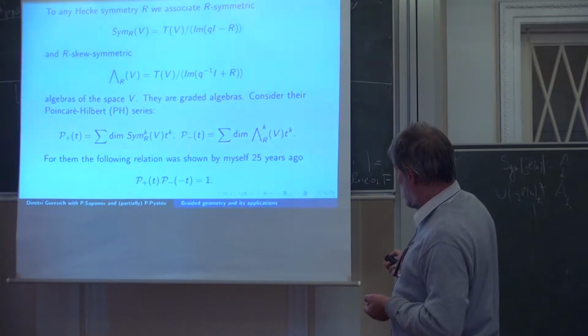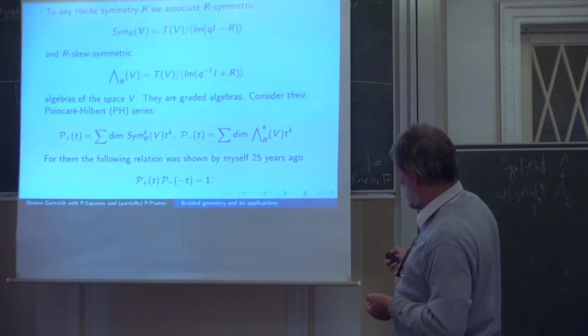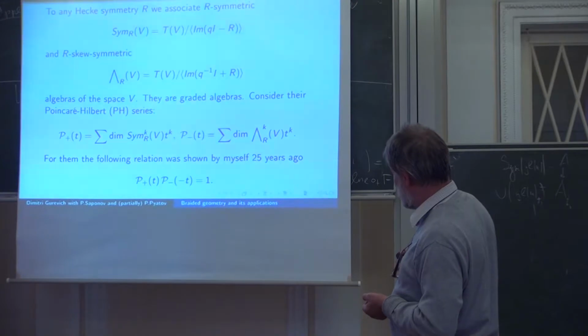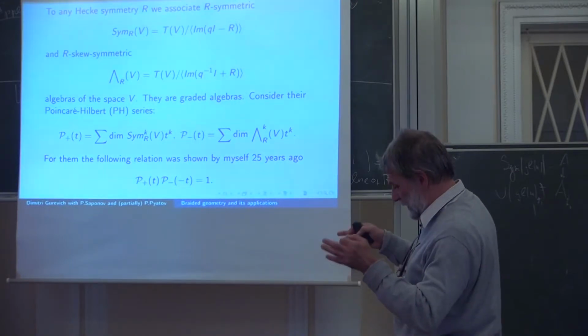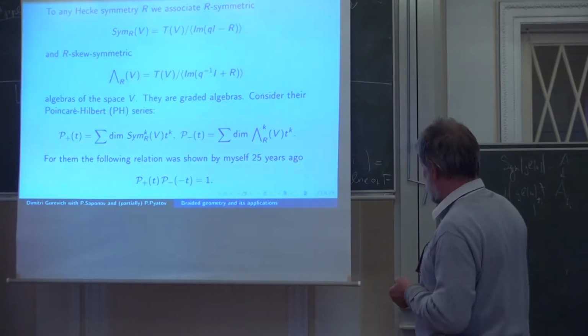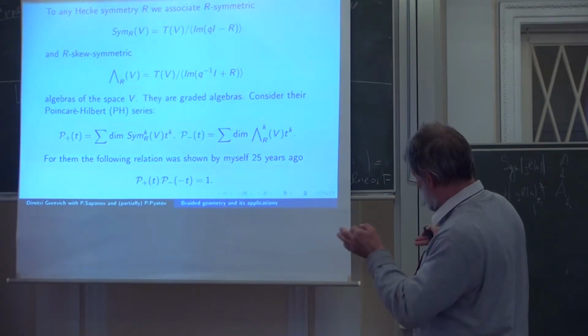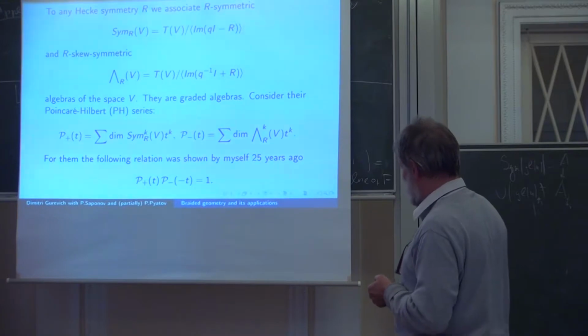What does that mean? It means that we consider the free tensor algebra quotiented by the ideal generated by the image of the bracket. You see, the expression here is just one factor coming in the Hecke relation. Here is the second factor coming in the Hecke relation.